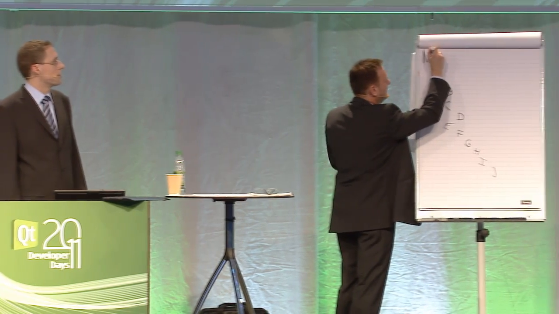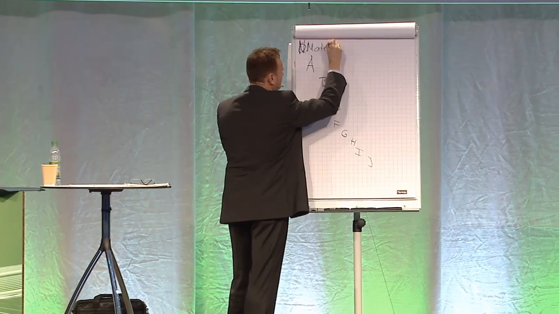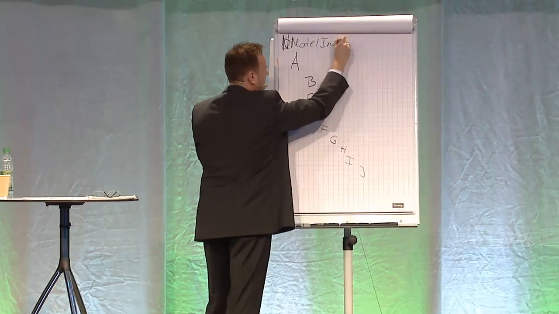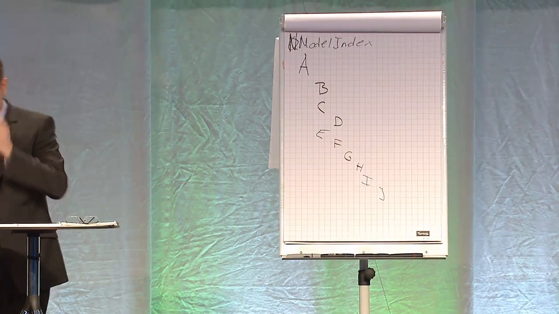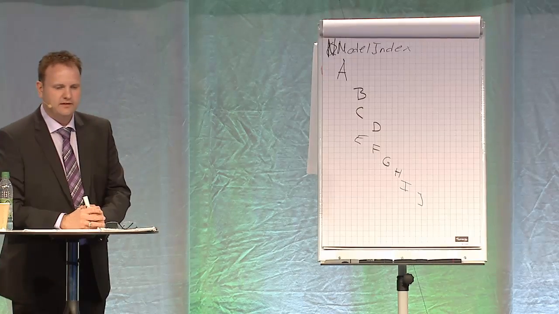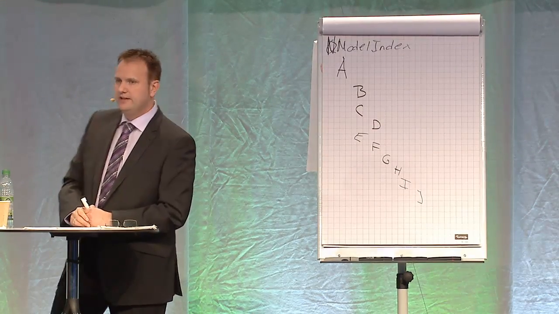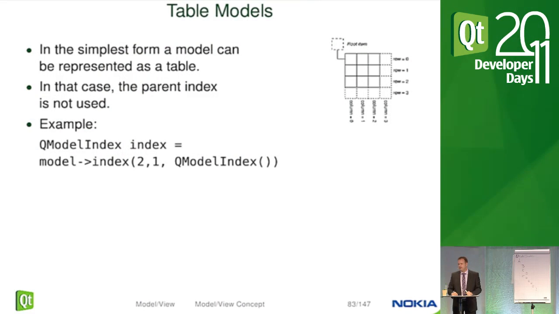It's the sort of virtual parent item for your top level entries in the model. And that's what this painting that you see on the screenshot indicates, that you have this model index on the top. You don't really think of that. You just think of that you can ask for an index for a given row, column in your table.